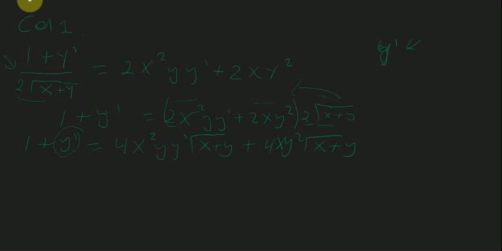So what do you have here? 1 plus y prime moved from the other side, equal to 4x squared y prime square root x plus y plus 4xy squared square root x plus y minus y prime.